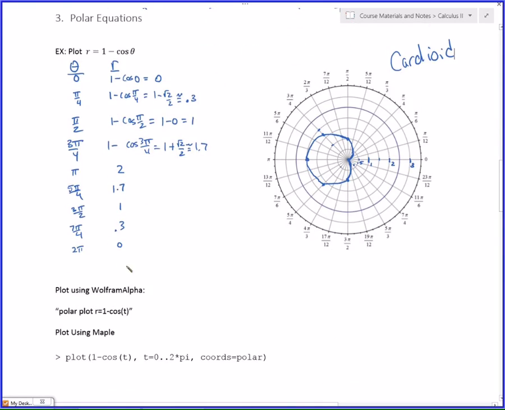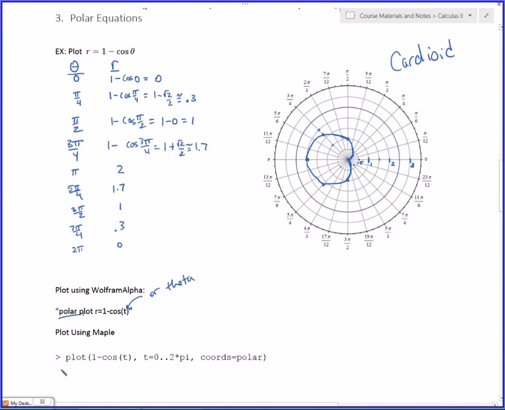Now, I'm not actually going to jump to Wolfram Alpha or Maple, but you can plot these things fairly easily by just telling either your Wolfram Alpha or Maple that it is a coordinate system different than the rectangular. If you just type in polar plot in Wolfram Alpha, it'll graph it as a polar curve. And notice, by the way, you can type in theta as a word, or you can just replace it with a different variable like t, and it knows t is theta.